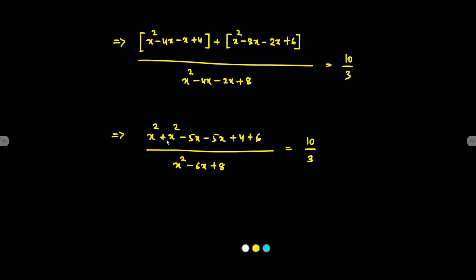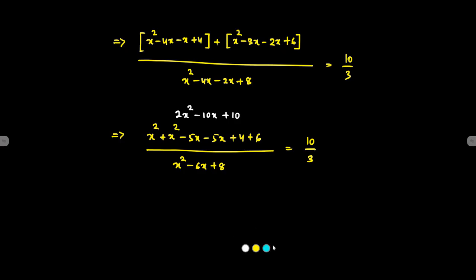So this is equal to 2x square minus 10x plus 10. Okay, so I'm writing it here. This is equal to the numerator 2x square minus 10x plus 10.